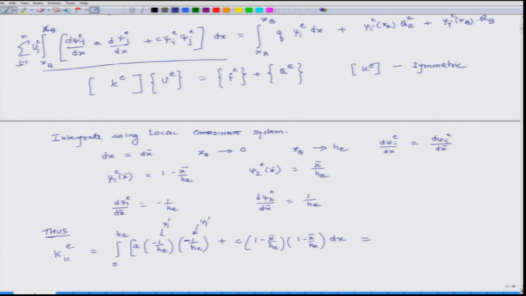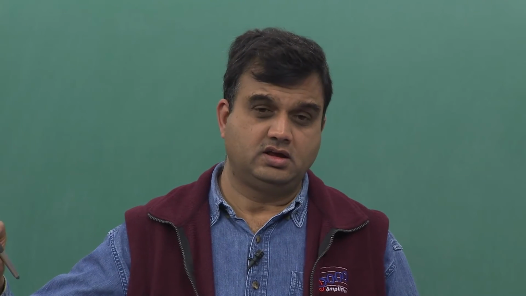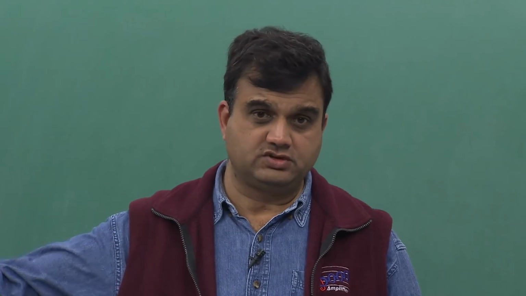If I do this mathematics, I get a e over h e plus c e h e over 3. And what is c e? It is the value of c on the eth element. Same thing for a. It is the value of a for the eth element. There is no reason to think that a is not changing with respect to x.